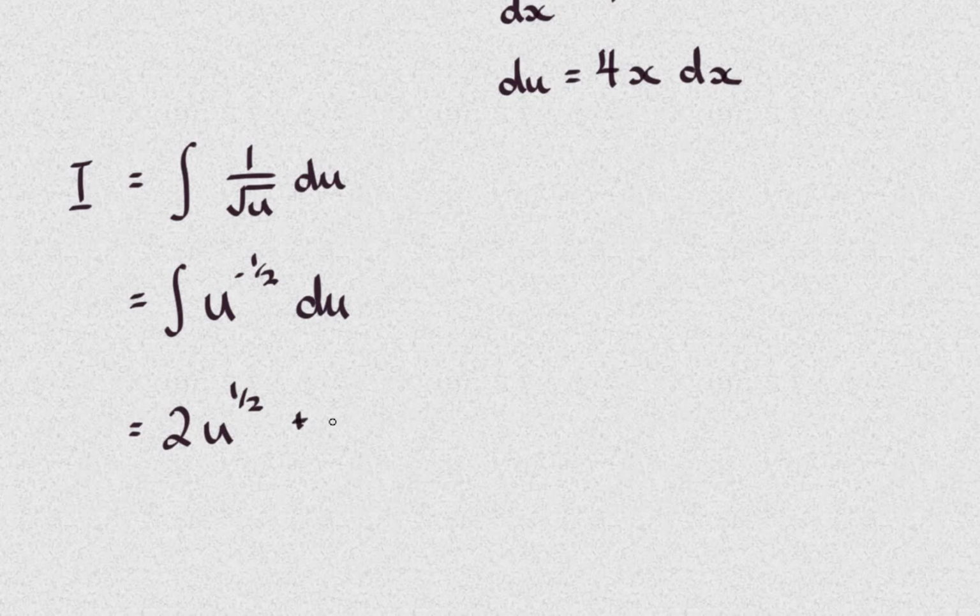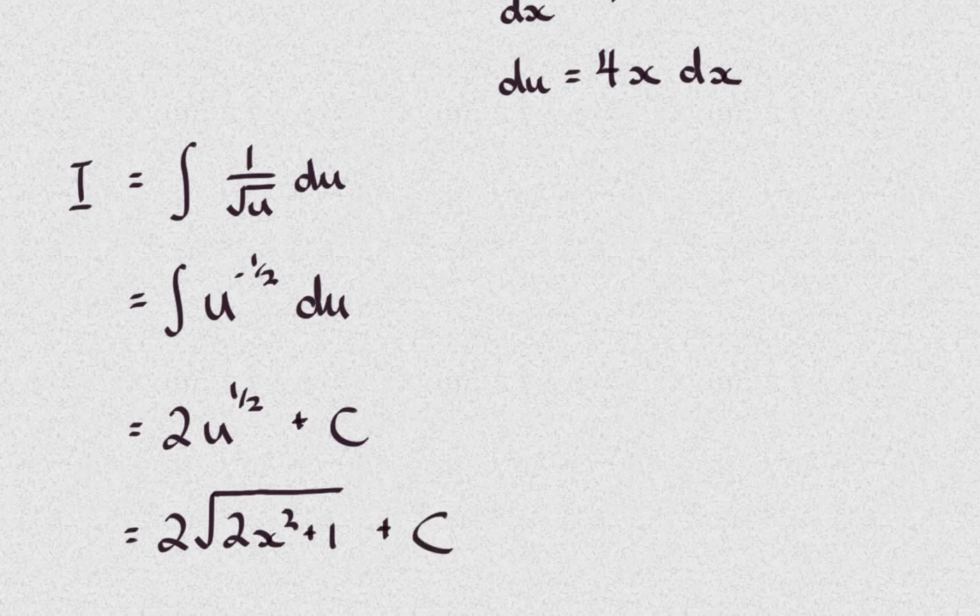And because it's indefinite, we have our constant of integration. Now, u was just a variable that we substituted in, so we'll get rid of that. And a power of 1/2 is just a square root, and so we go back to this. And that's our final answer.